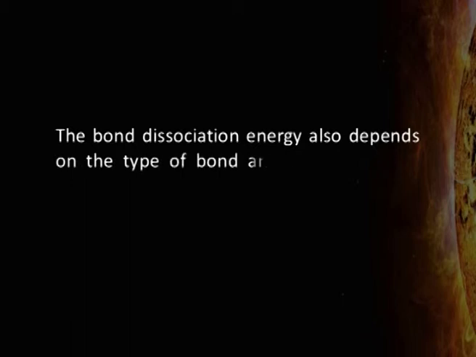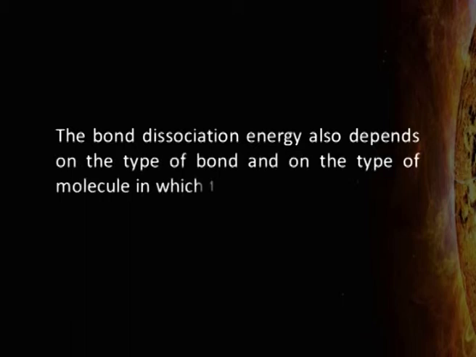The bond dissociation energy of diatomic molecules is also considered as bond energy. However, the bond dissociation energy also depends on the type of bond and on the type of molecule in which the bond is present. When a molecule contains more than one bond of the similar type, then the average bond dissociation energy is equal to the bond energy.